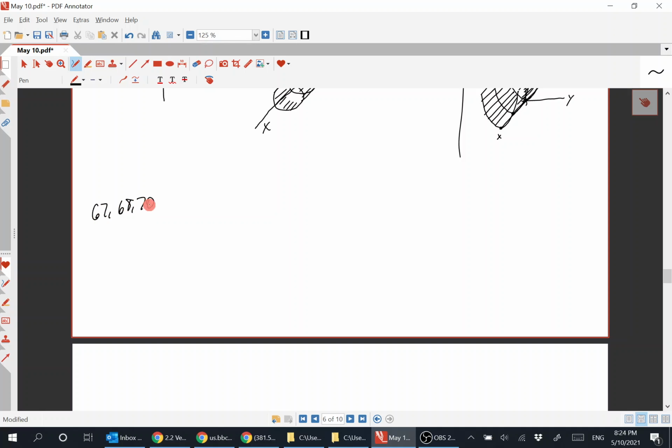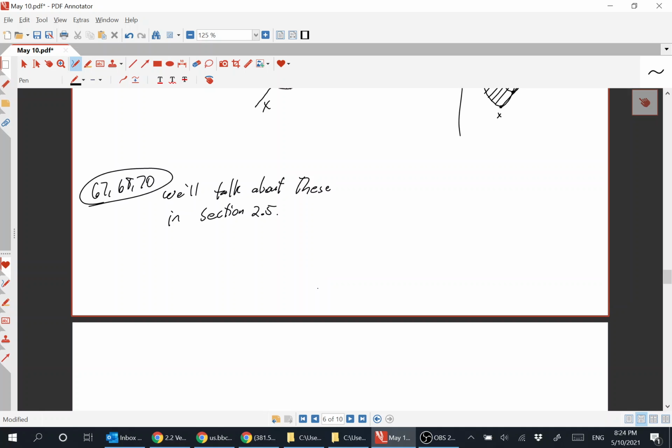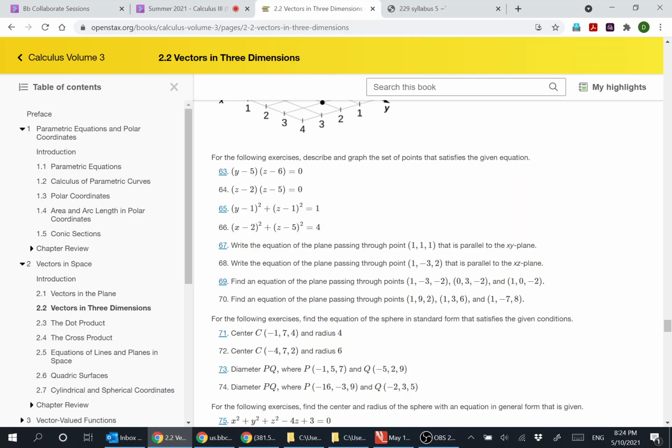They involve more general equations, equations of planes in 3 dimensions. We can talk about them now, but let's save the discussion of planes for later because we'll do it then. There's no call for doing it early.